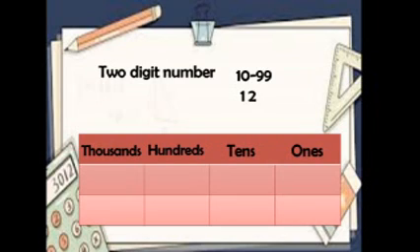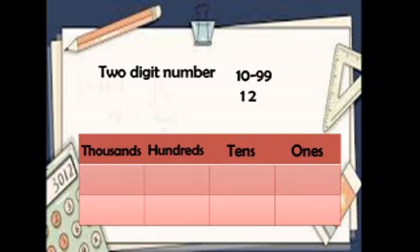So, what are we going to do? We are going to use 2 place values, which are the tens and the ones. In 12, we have the numbers 1 and 2. Which number are we going to place in tens and which in ones? Let's start first in finding ones.